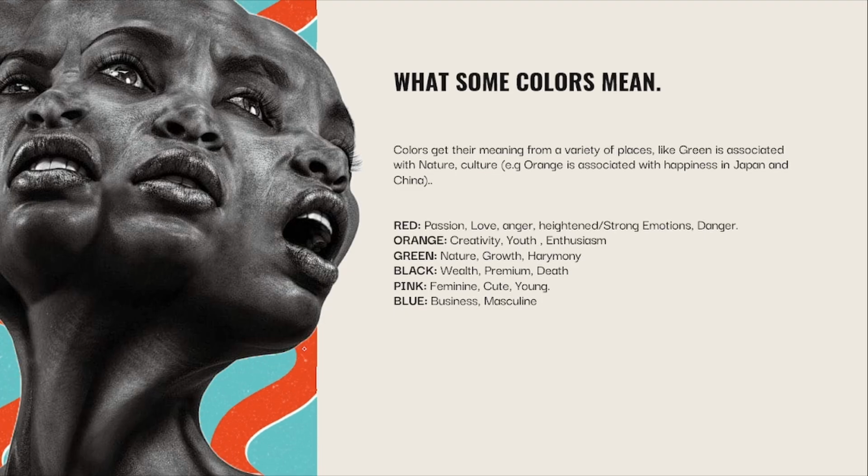Color in Japan is different from color in Nigeria. What we see colors as would be different. So when you are designing, you have to look at the audience too, right? What does this color mean to my audience? Now, in Japan, orange is associated with happiness, both in Japan and China.